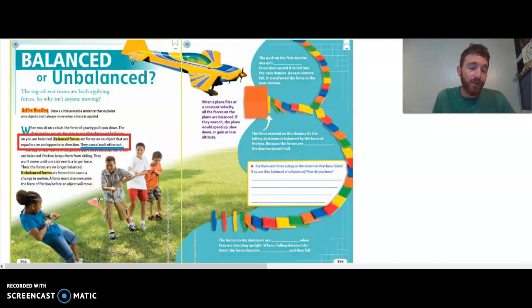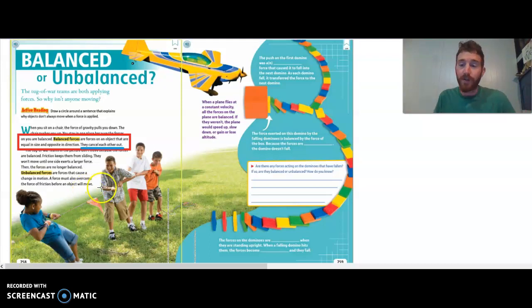So balanced forces are cases where things are either pulling in opposite directions or pushing together in opposite directions, like this one going this way, this one going this way, pushing together on an object, and they're not moving at all, okay? So balanced forces actually result in no motion happening. Even though there are forces, they cancel each other out, which means there's no motion.